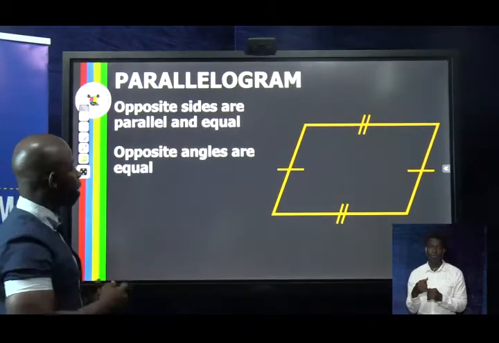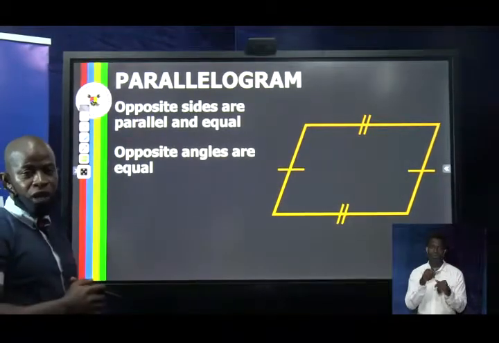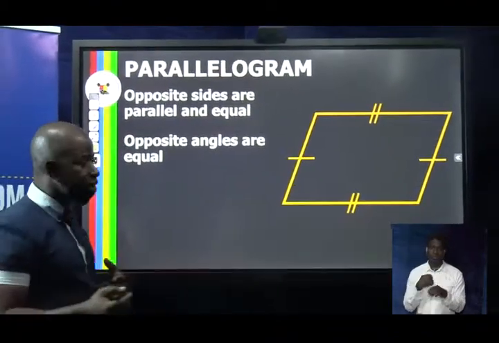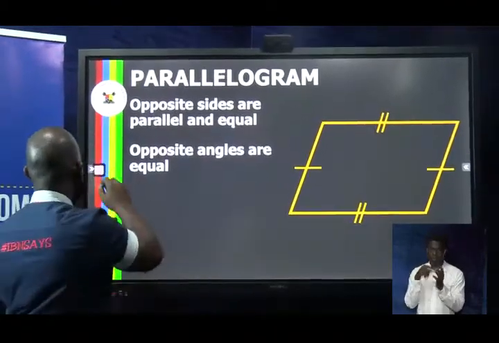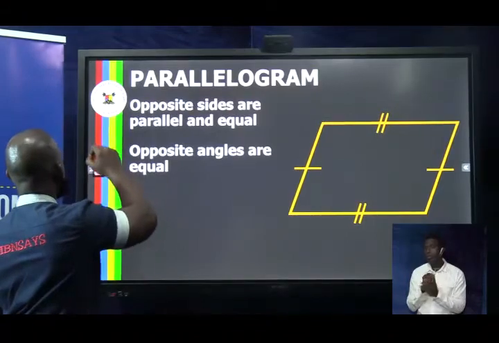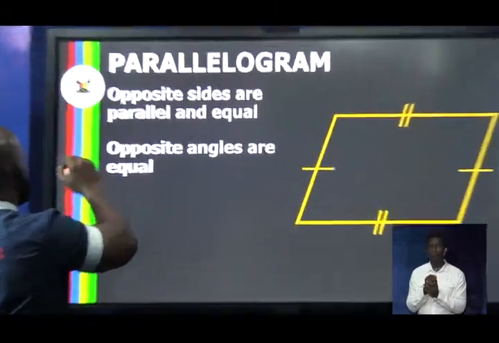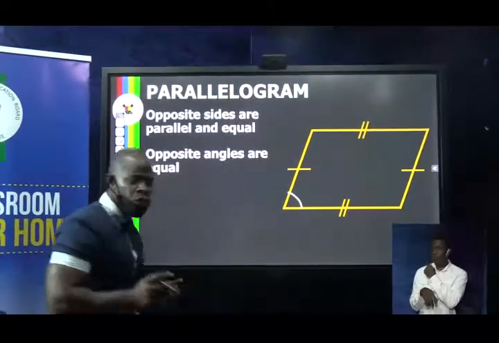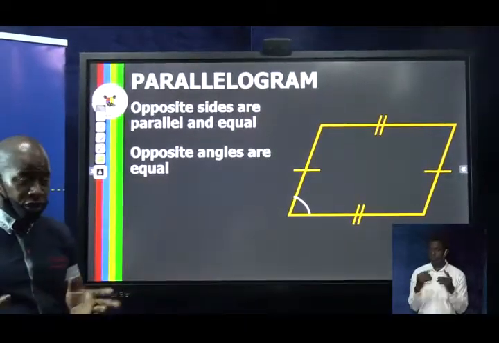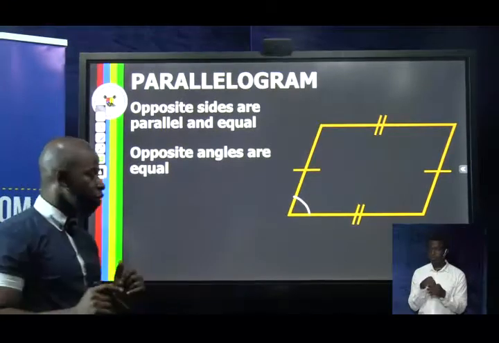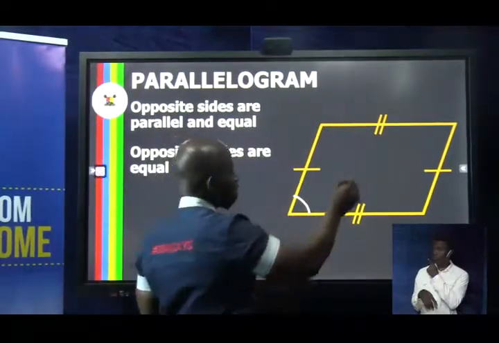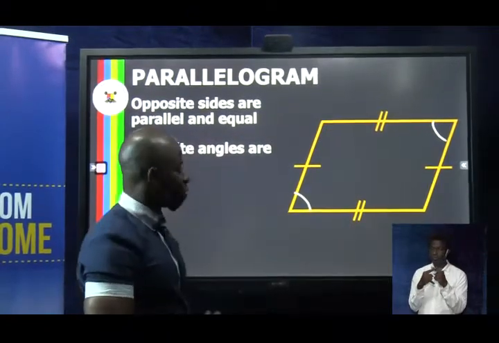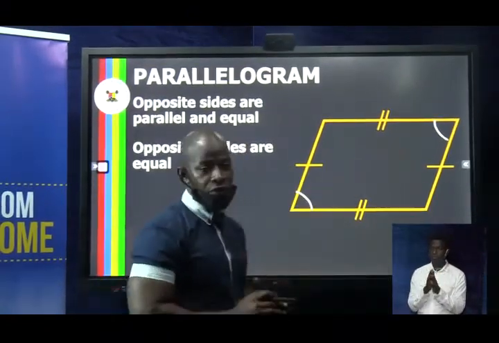What other property does it have? Opposite angles are equal. Now again, opposite comes up, but what do we mean by opposite angles? In this case, we are referring to this angle. Now we didn't say interior opposite, mind you. This angle right here is opposite that one. So these and these are facing each other.